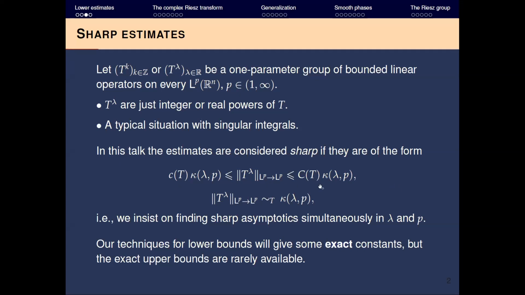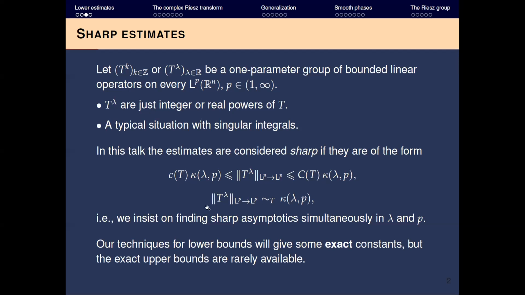And in this talk, we will say that an estimate is sharp if it gives sharp asymptotics simultaneously in the exponent lambda and in the Lebesgue exponent P. So it means we have an upper bound and a lower bound of the same form, where this kappa of lambda and P is some very concrete explicit function, while these constants only depend on the operator and nothing else.